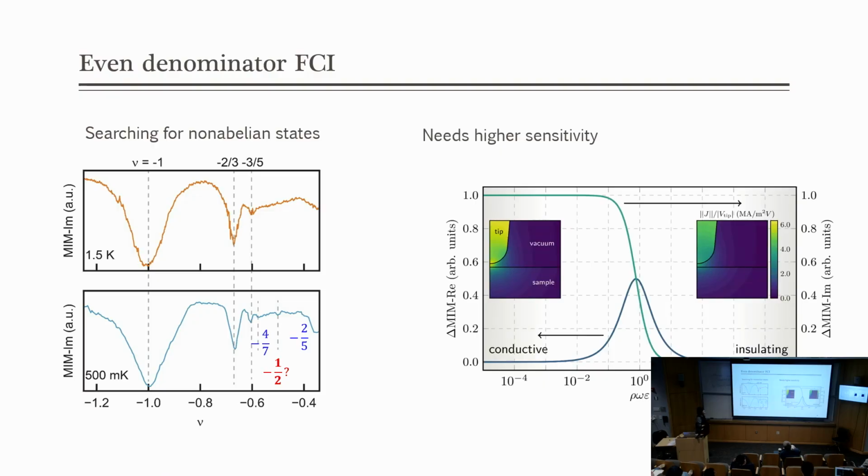But if we can see something like nu equals -3/2, that would be the signature of non-abelian physics and other things. But that would need a higher sensitivity into the more conductive regime. Once again, this millimeter wave MIM would help us because the x-axis is rho times omega. So that would push us into this more conductive regime.